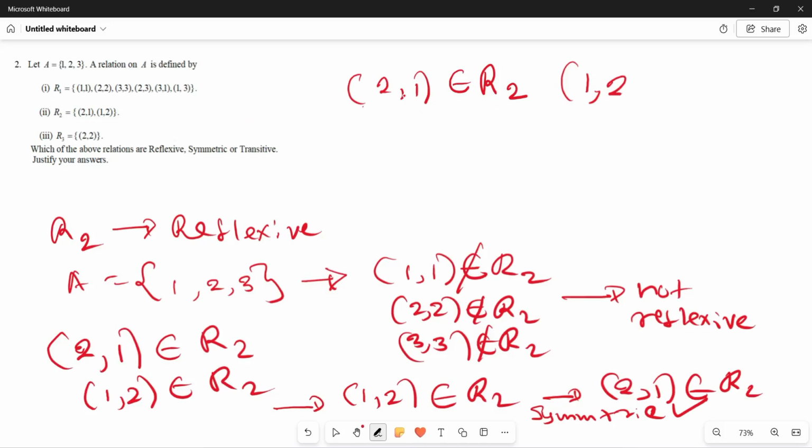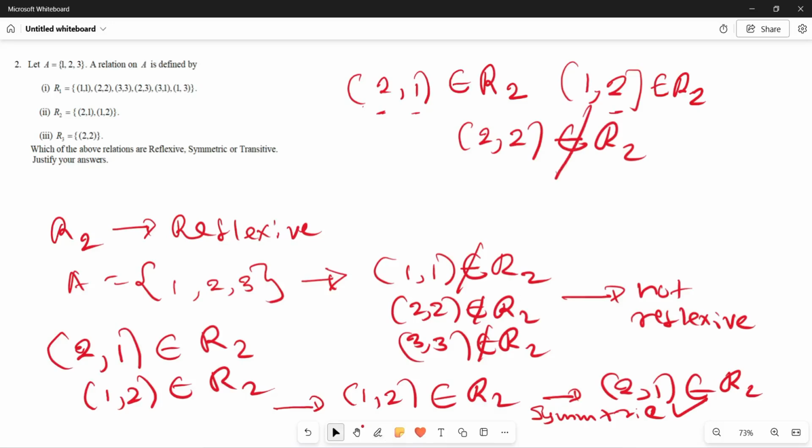This (2, 1) is there, okay, and the ending is 1, so (1, 2) also belongs to R2. But you want to find another one, that means starting from 2 and ending at 2, then (2, 2) also should be present in R2, but it is not available.